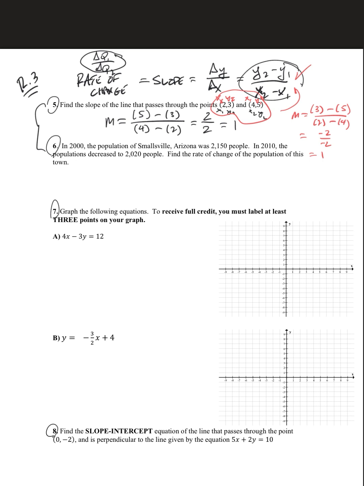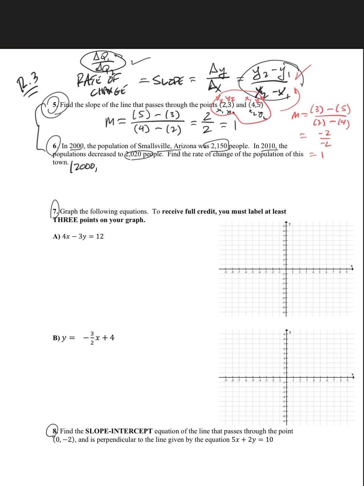Number 6, believe it or not, it's a very similar problem. What we have is a word problem, but pay attention. We have two changing quantities. In the year 2000, the population of this town was 2150, and in the year 2010, the population was 2020. So I can make this problem look like what we had in number 5. How about I create ordered pairs?